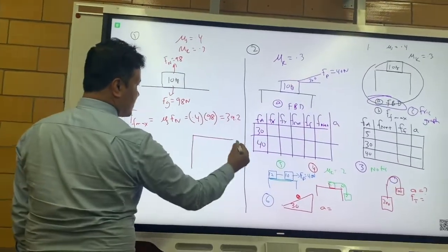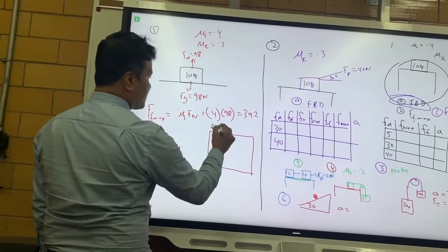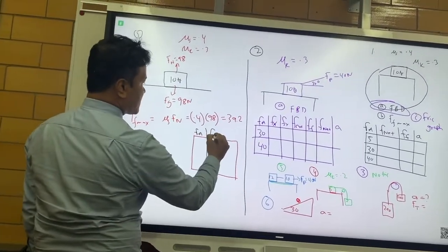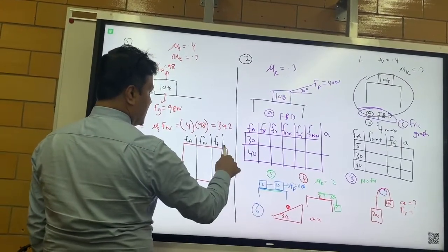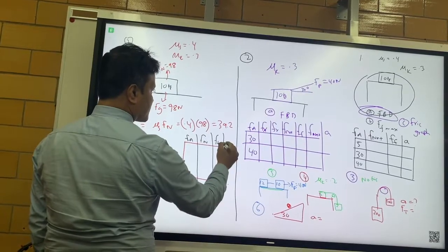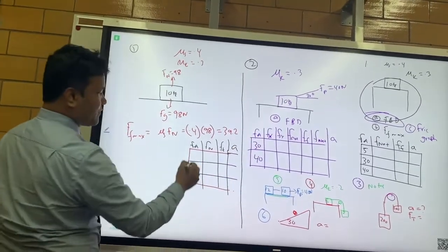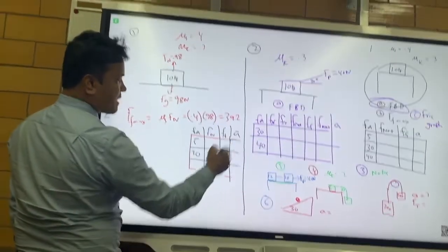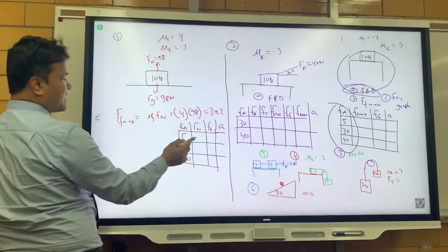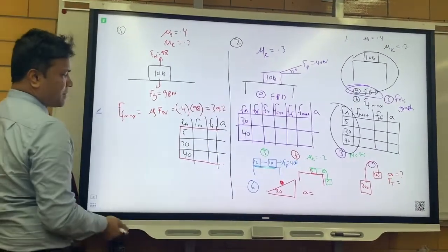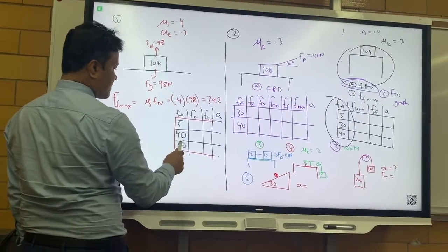So when you do the table, this is our table as you see over there. We have Fa, we have Fn, we have Ff, and we have acceleration. So Fa is 5, 30, and 40 Newton.